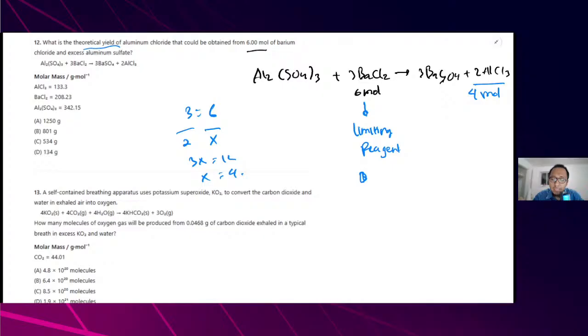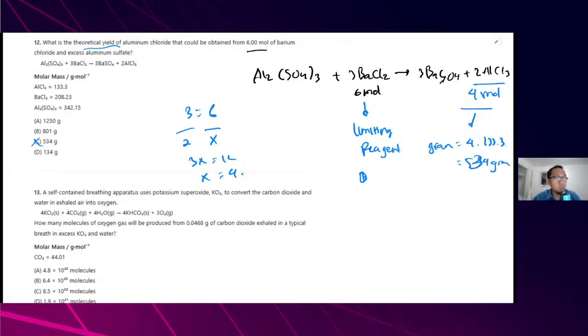Because we already have the mol, just convert this mol to gram: 4 times 133.3. So the answer will be 534 gram.